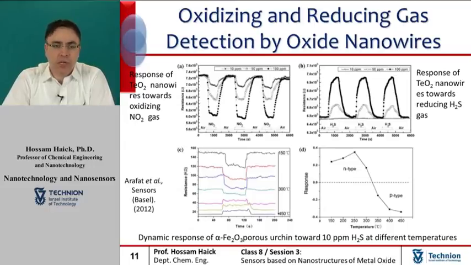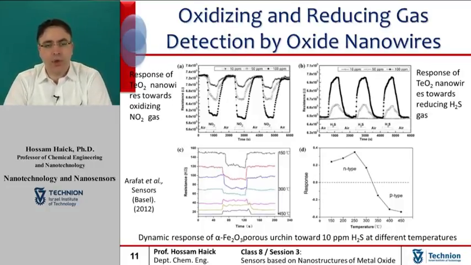Below 300 centigrade, the sensors show N-type response, while at temperatures above 350 centigrade, the response is P-type. These results clearly indicate a switching from N-type to P-type behavior with an increase in the working temperature.